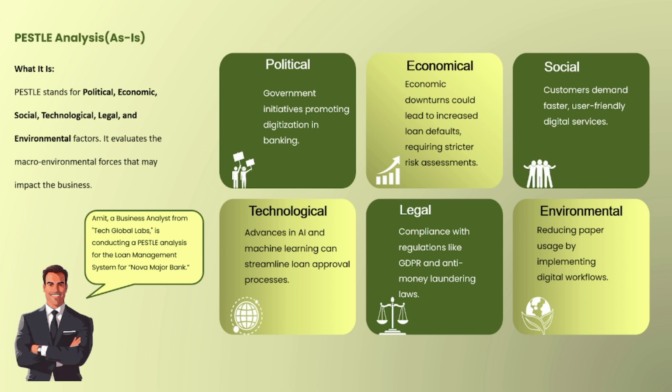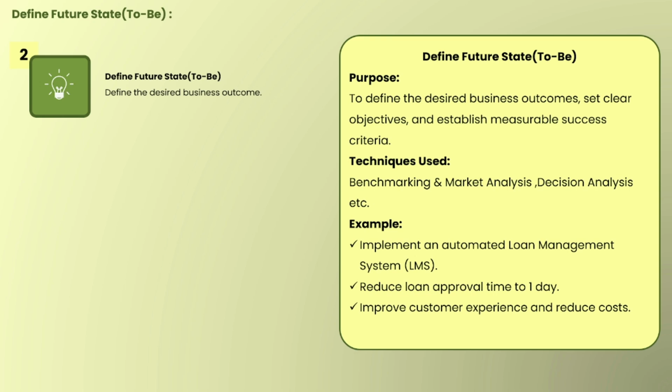Now let's check the next task of strategy analysis, that is define future state or to-be. The purpose of to-be is to define the desired business outcomes, which means the positive results the business wants to achieve when we are creating a new system. What are the positive outcomes that will come when we implement this particular system?